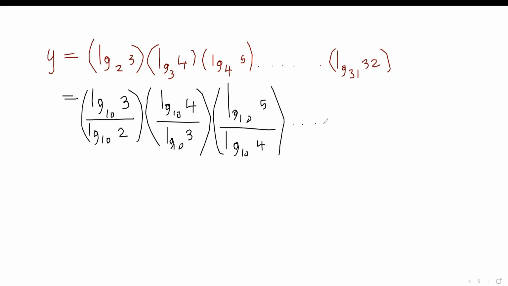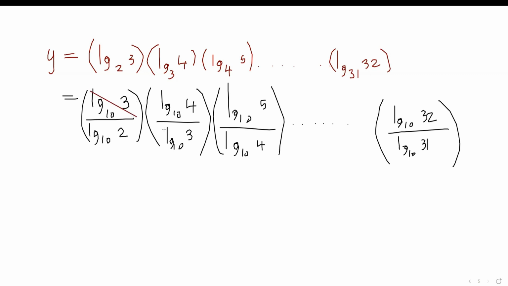Continue until we reach log to base 10 of 32 divided by log to base 10 of 31. All right, this is what we end up getting. Now, look at what happened right here. As you can see, this would cancel when you're multiplying.